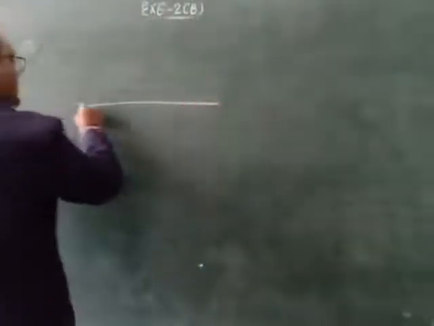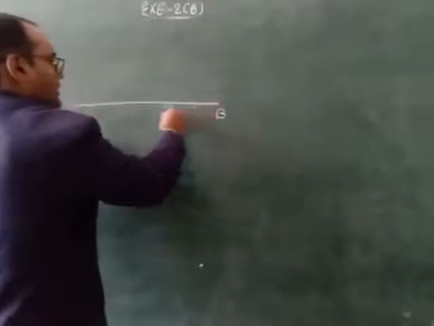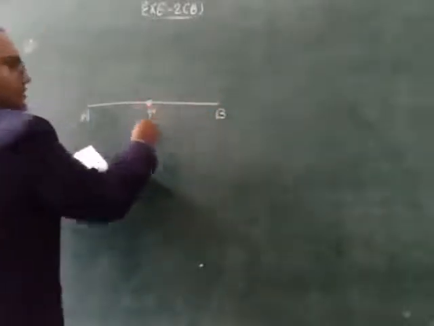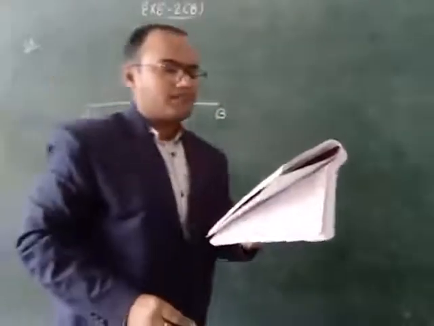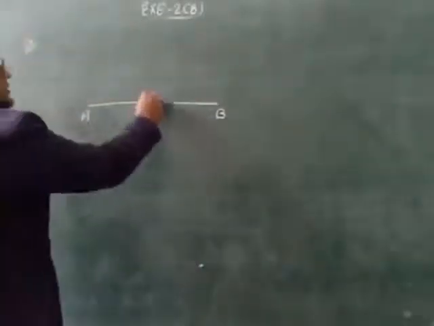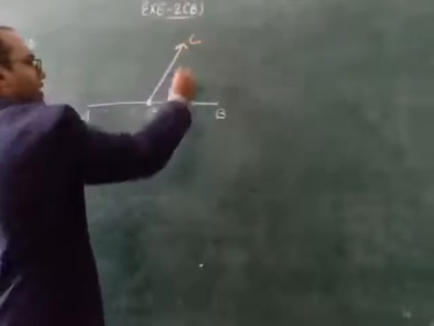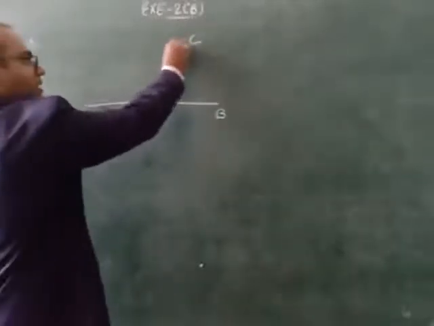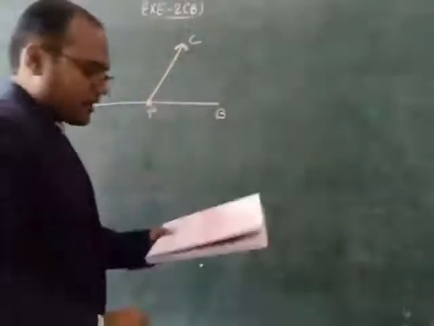First of all, we will draw a line AB. This is a line AB. P is a point on this line AB. After that, PC is a ray with P as end point. PC, this one is a ray. Ray means one side end point will be there, other side arrow will be there. So this is the ray.